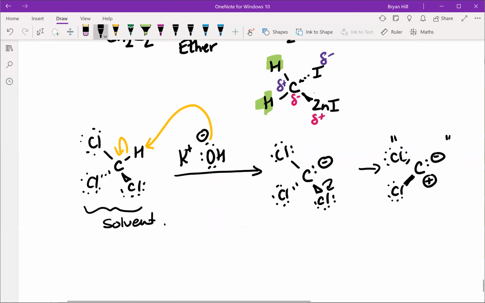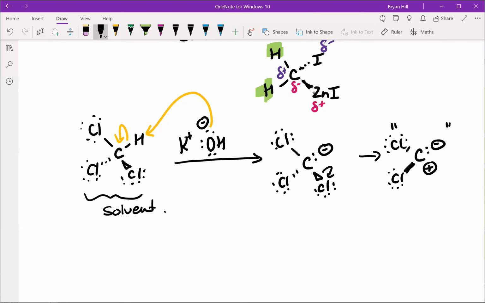So it's made in situ, and then this reacts with whatever your alkene would be. Let's use this as our example again. But the only difference is that here, this comes in and attacks positive. This comes down there.